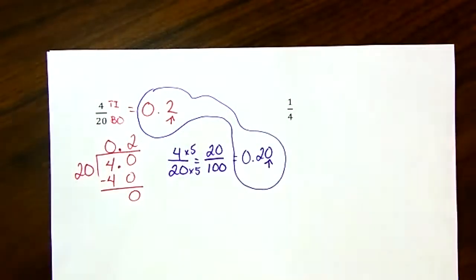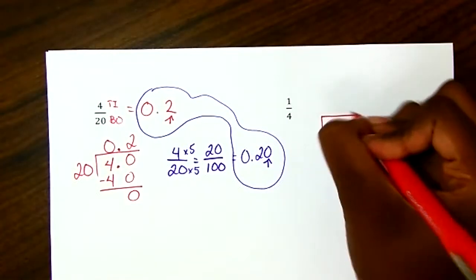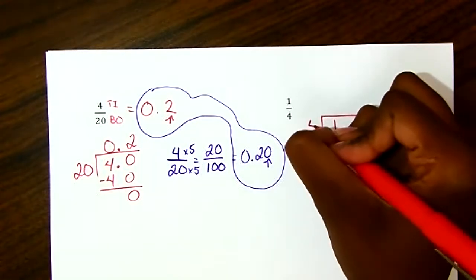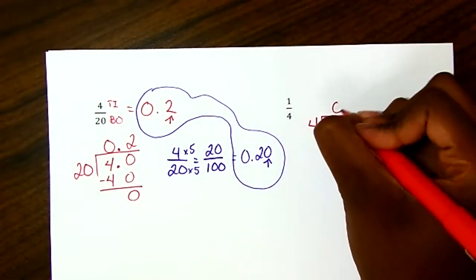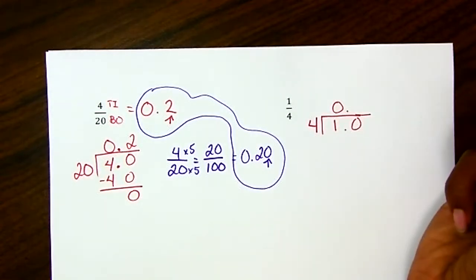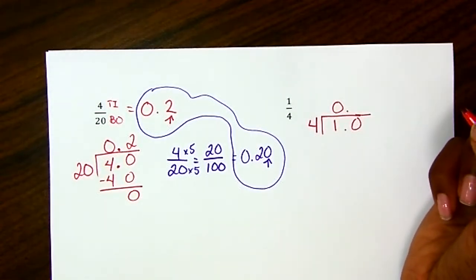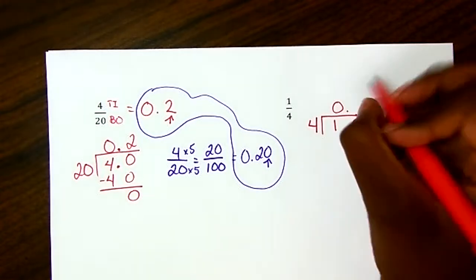Let's look at 1/4. Using division, top in, bottom out. 4 cannot go into 1. How many times can 4 go into 10? 2 times. Good job.